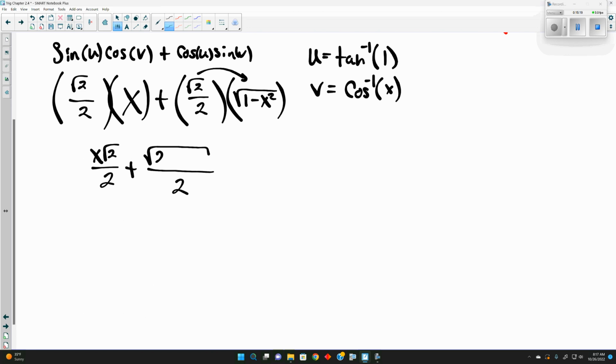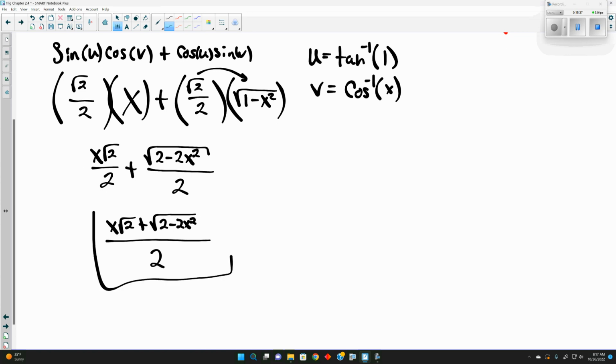So 2 times 1 is 2, minus 2x squared. Since the denominators are the same, we can add the numerators. And since our two radicals are not the exact same, we can't add them together. So this here is the final answer.